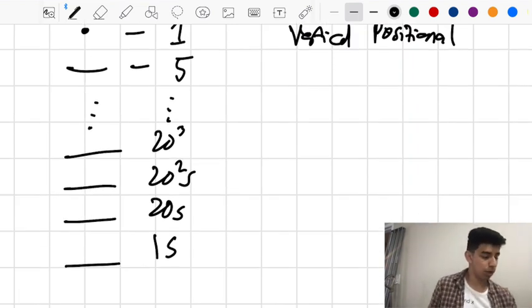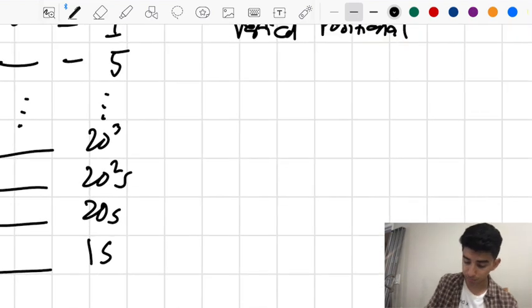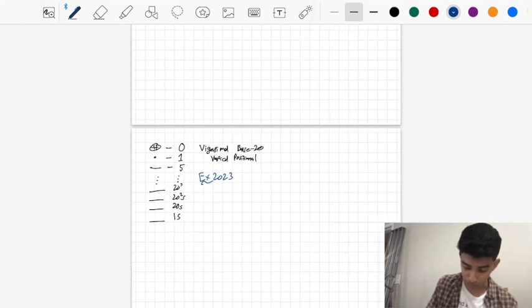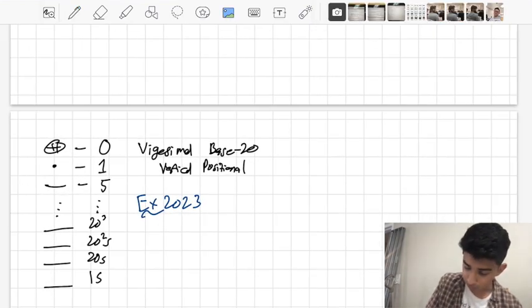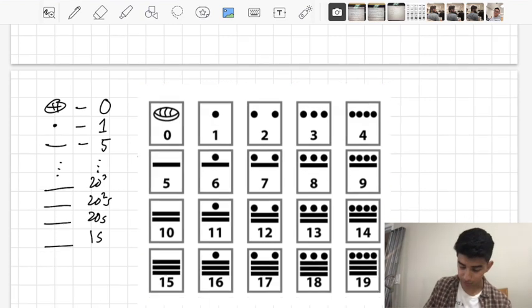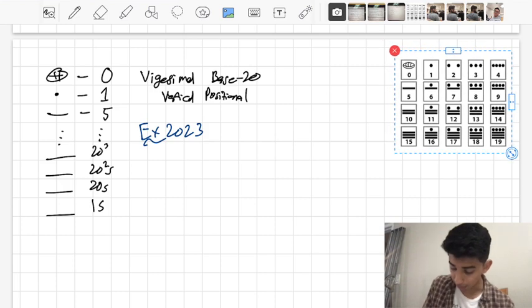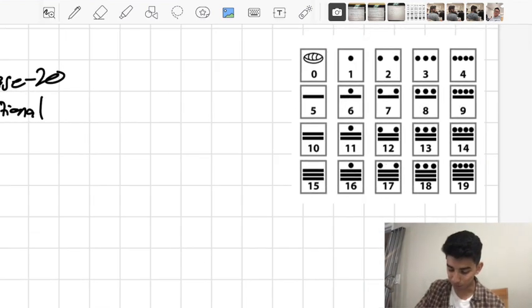An example that we can use for this is the example of 2023. And very quickly, I also do want to paste this image right here, which is all the numerals of the Mayan number system from 1 to 19.